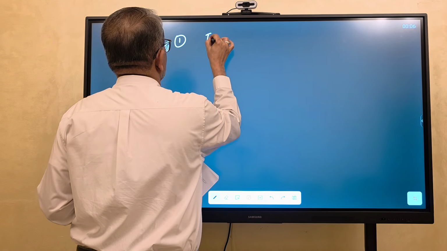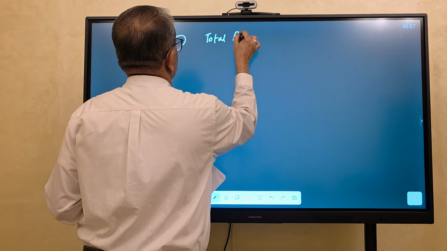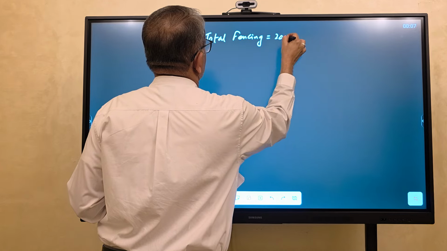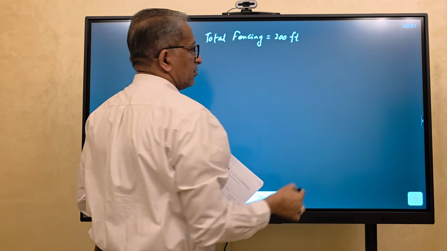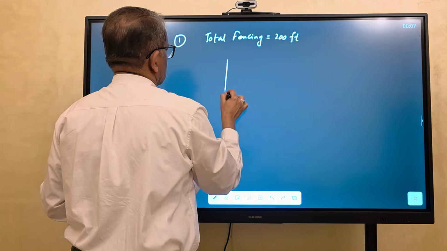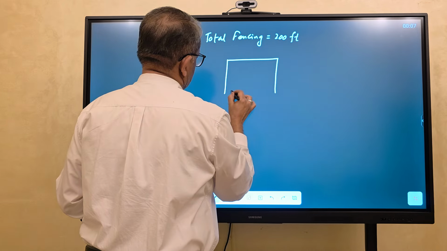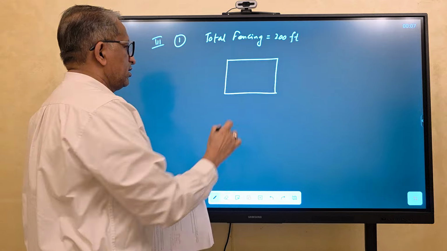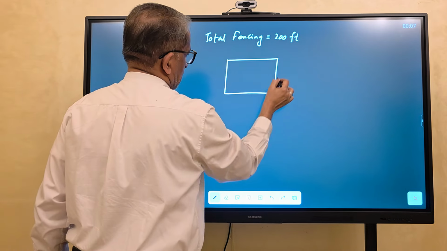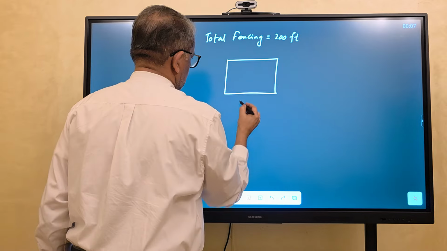So the total fencing is 200 feet, and this is a rectangular corral. It is something like this. The fencing is all around, and the total fencing is 200 feet.